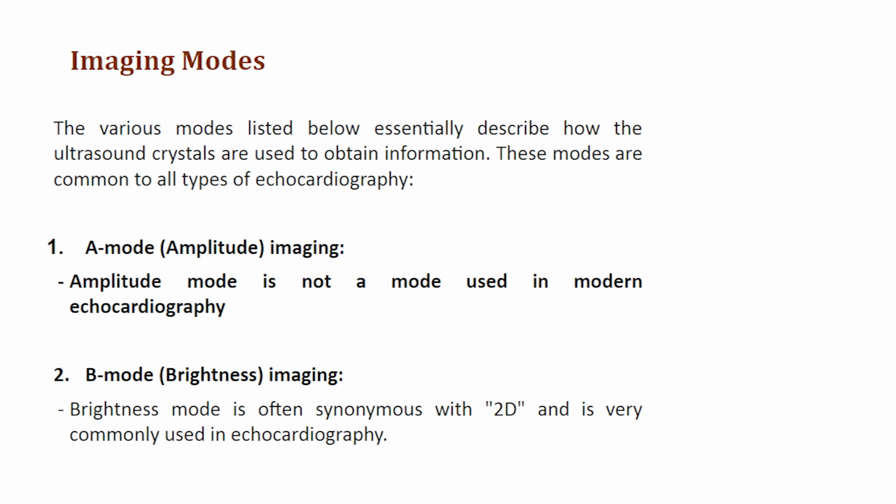Now, coming to B mode, called brightness mode imaging, it is the same as A mode, except that brightness is used to represent the amplitude of the sampled signal. B mode imaging is performed by sweeping the transmitted sound wave over the plane to produce a two-dimensional image.